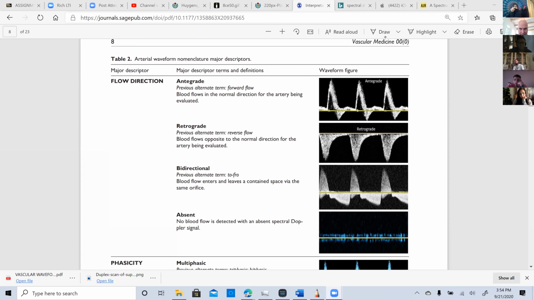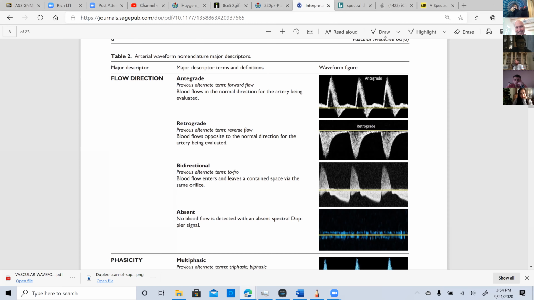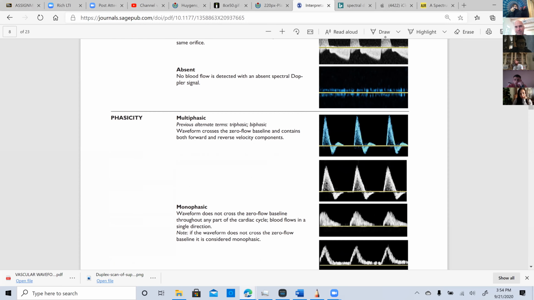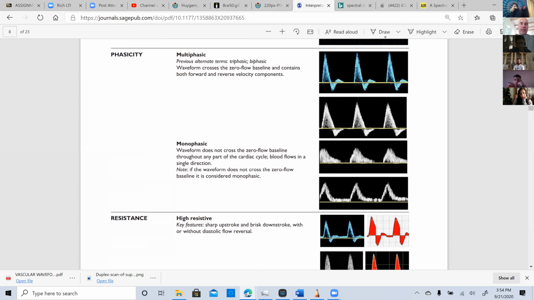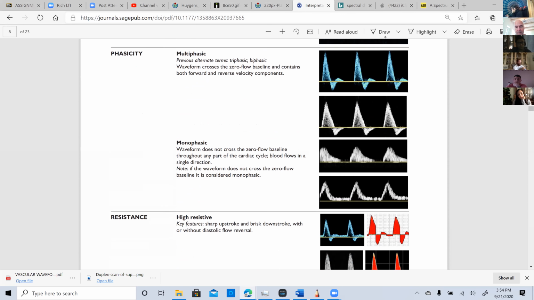I have to keep getting in and out of this. I'm picky today. So now instead of triphasic, they want to call this multiphasic. Both triphasic and biphasic, call it multiphasic. All right, fine. Monophasics here, these are both monophasics, those are pretty good.